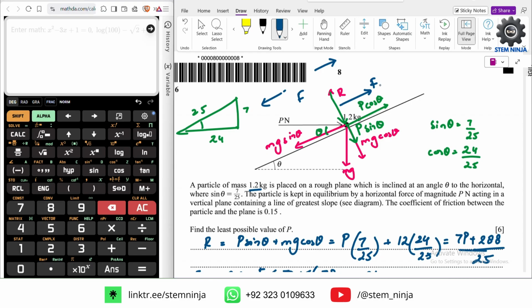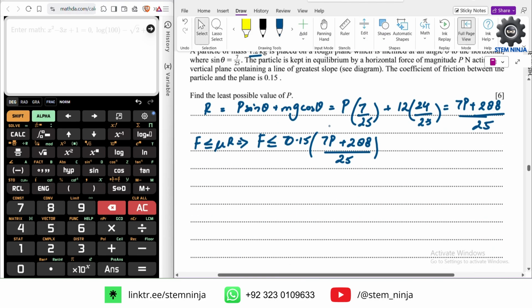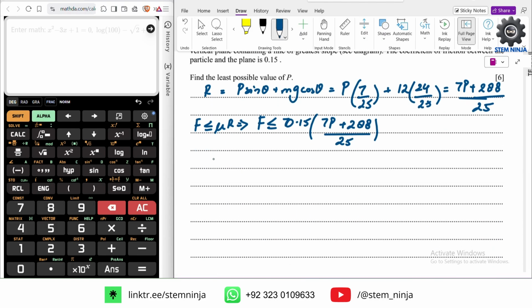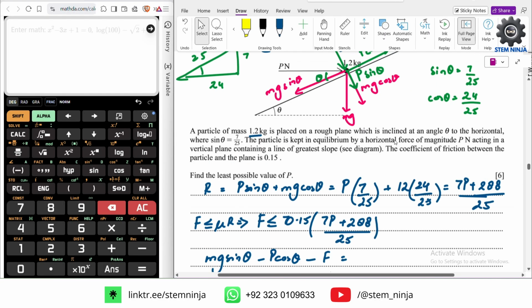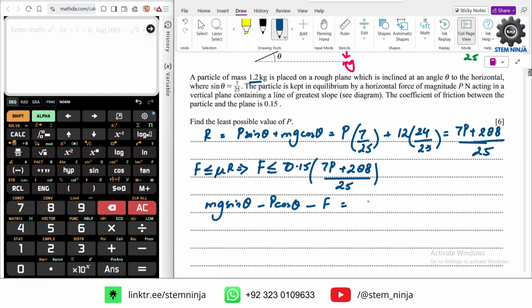So when friction is in this direction, then P can be minimum. So you have mg sine theta minus P cos theta minus friction is equal to, you see now this is in equilibrium, so 0.